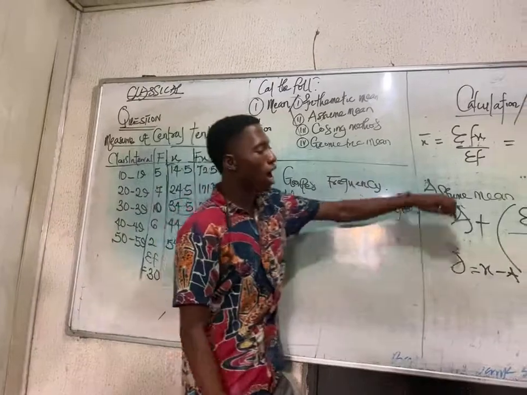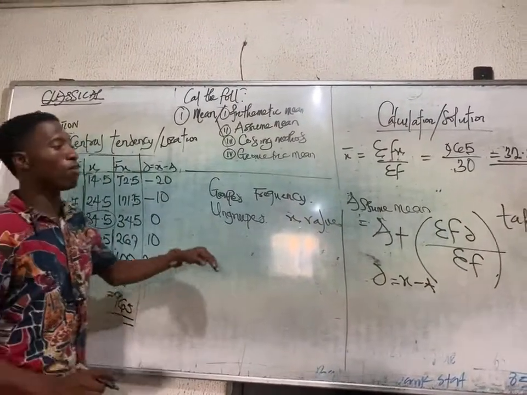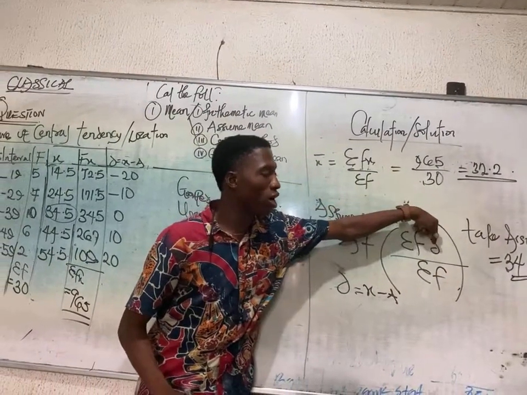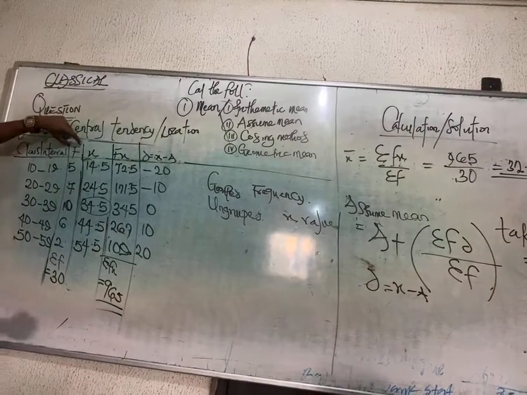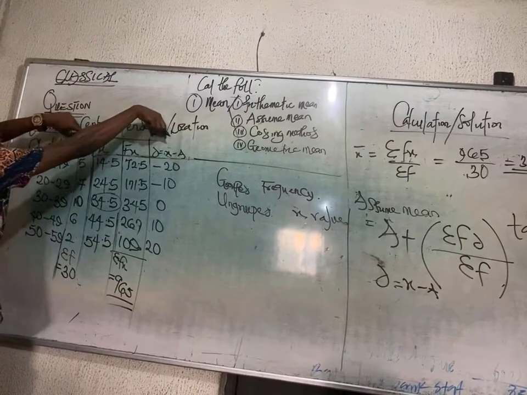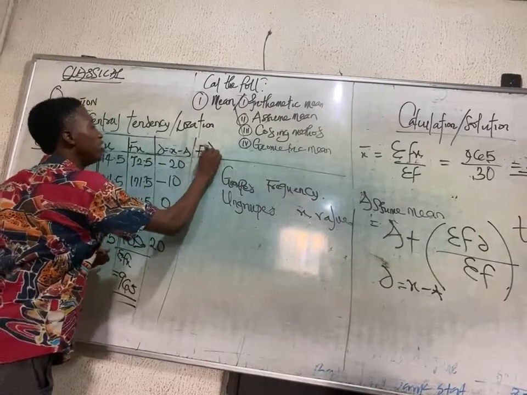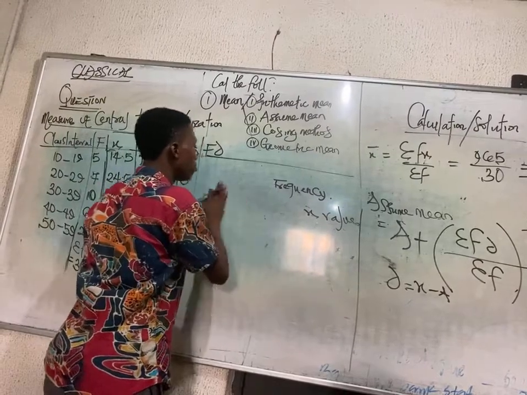The formula we are having is derivative. I am done with that. This is my derivative. Now followed by what? The frequency, which is frequency times derivative. This is my frequency and this is my derivative. So therefore, this times this will give me fd.